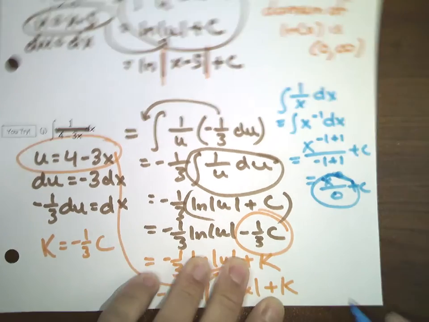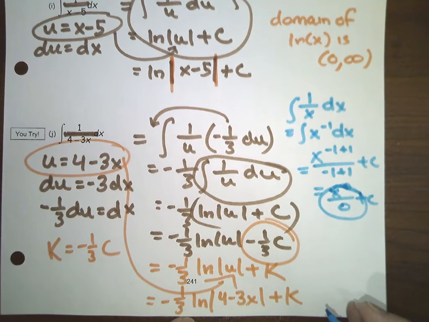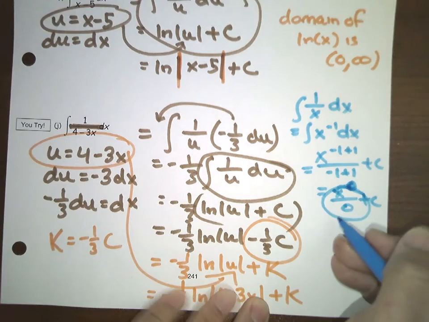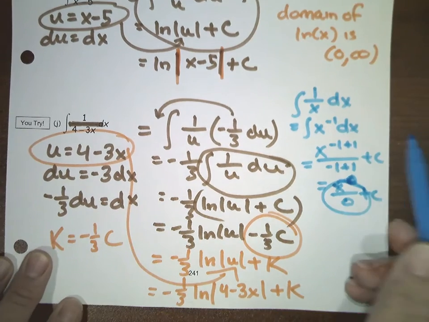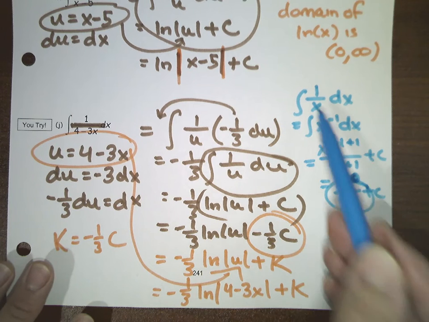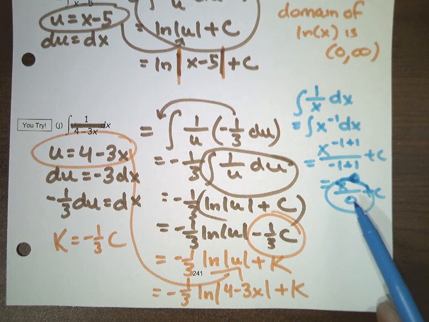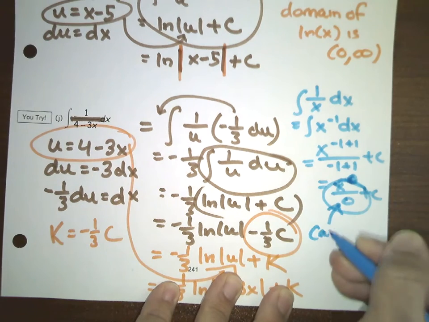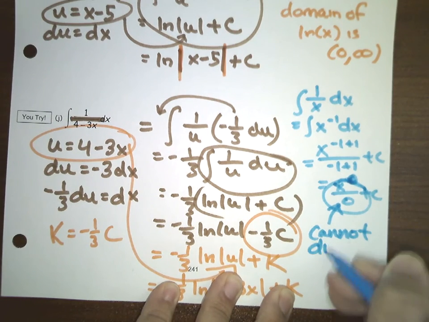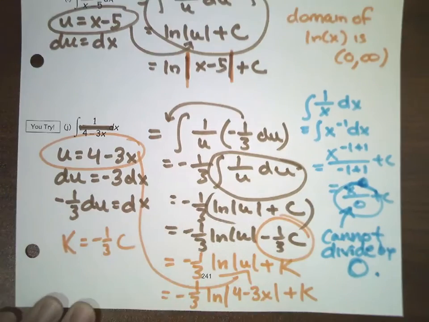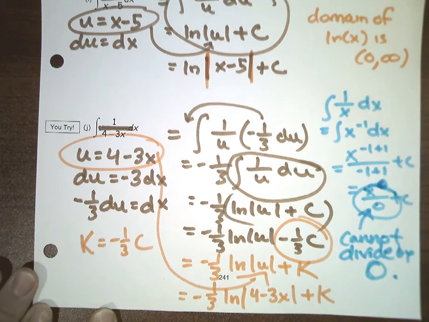So since you can't divide by 0, you know that that cannot be the correct antiderivative, all right? So that's why we need a separate antiderivative for this case here, because the power rule doesn't work, because you can't divide by 0.